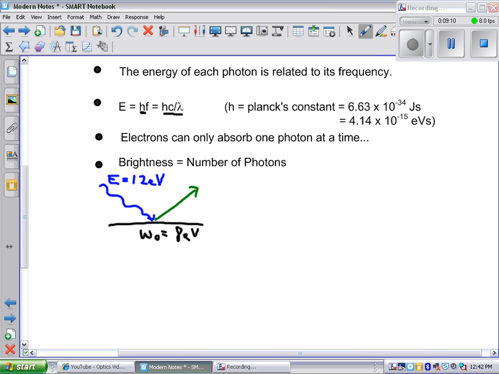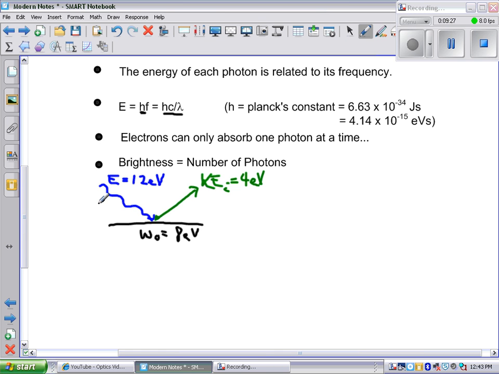How much energy is left over? Well, it turns out there's 4, and since energy is conserved, it has to go somewhere. It goes into the kinetic energy of electrons. So the kinetic energy of these electrons is going to equal 4 eV.